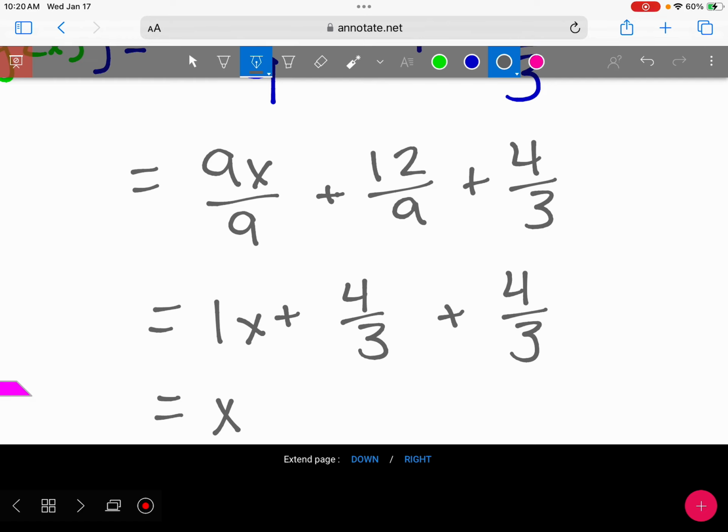What is 4/3 plus 4/3? Close. Does our denominator change when we're adding? It would just be 8/3.